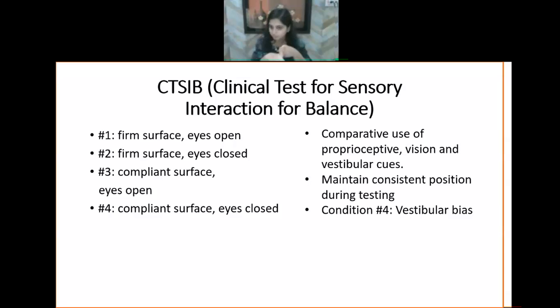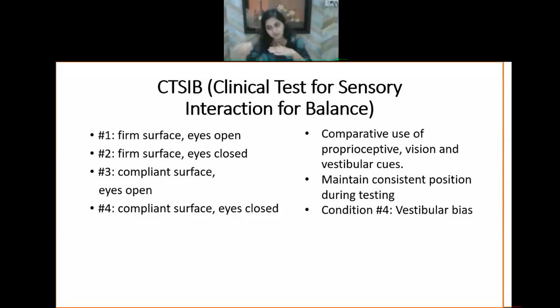In the geriatric population, we know that as we age, our systems decline, our vision reduces, our hearing reduces. In the same way, our vestibular system also becomes compromised. So in the majority of the geriatric population, we have vestibular hypofunction.